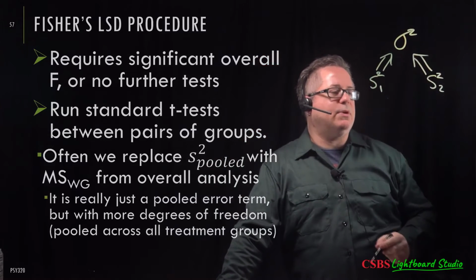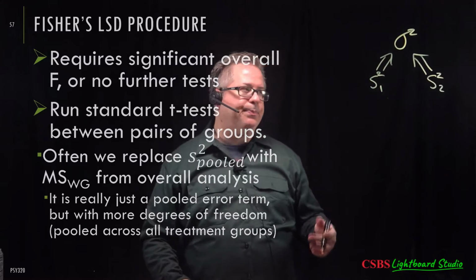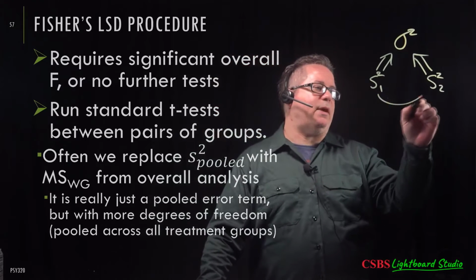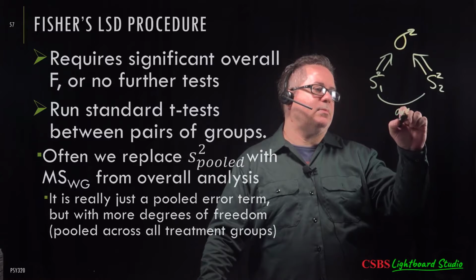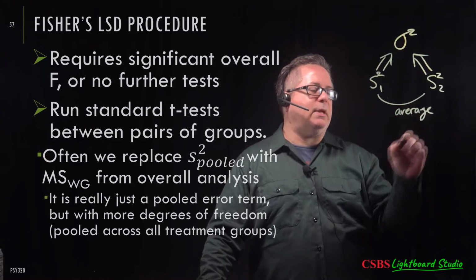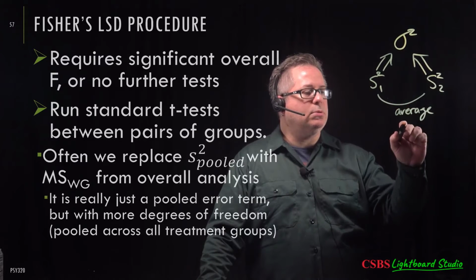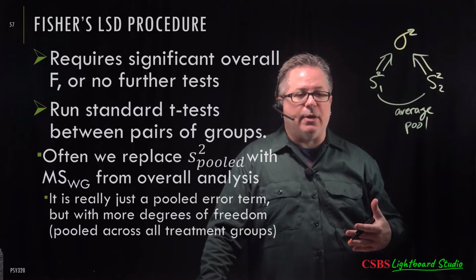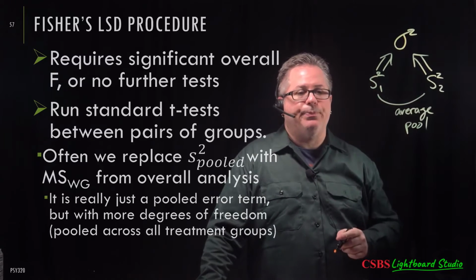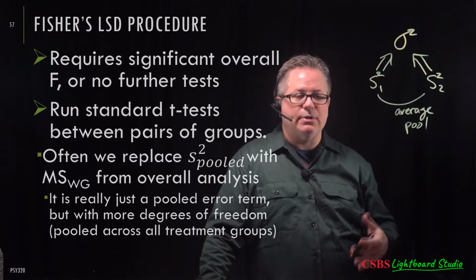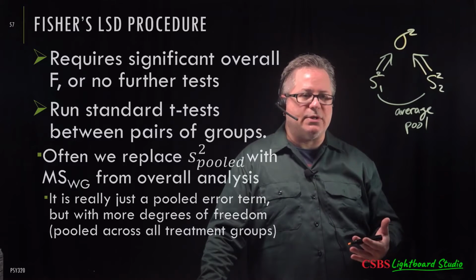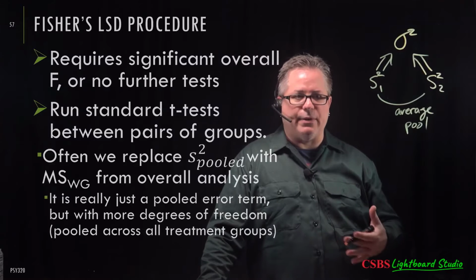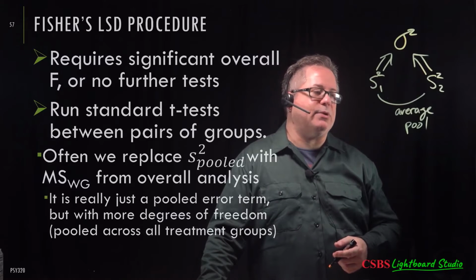So since each of those is a good estimate of the population, we can simply average the two of them. And that average, that pool, is going to be a better estimate of the population than either of them alone. That was the logic. We have two estimates. Let's use those two estimates to create a better estimate of our population.